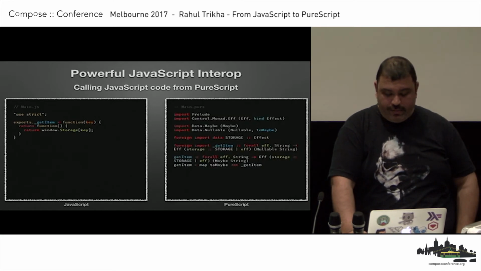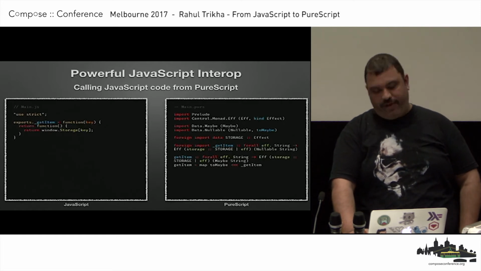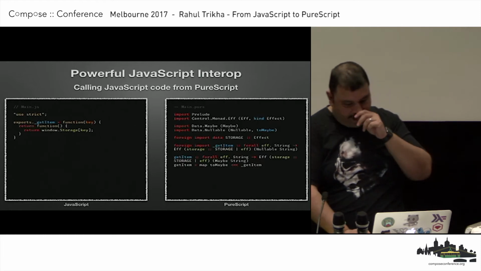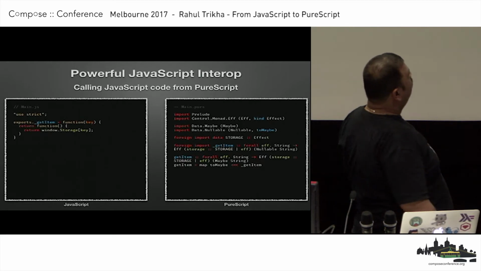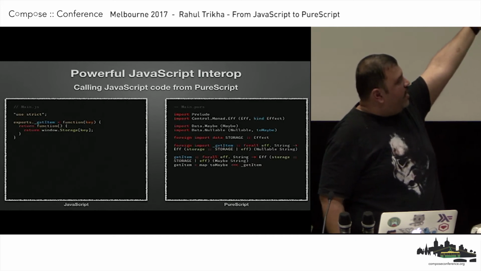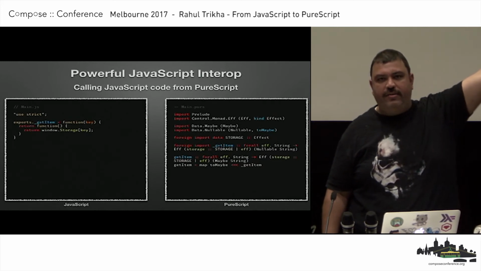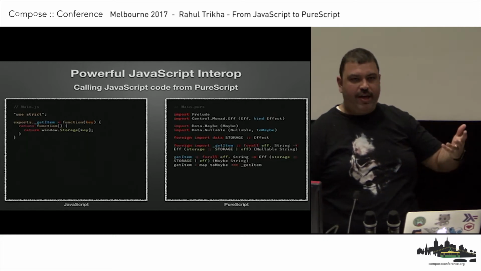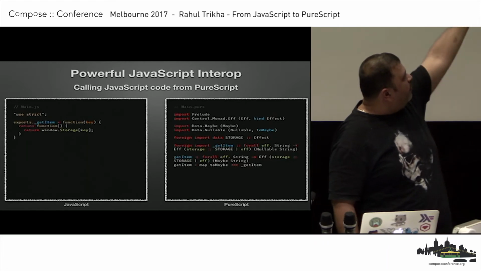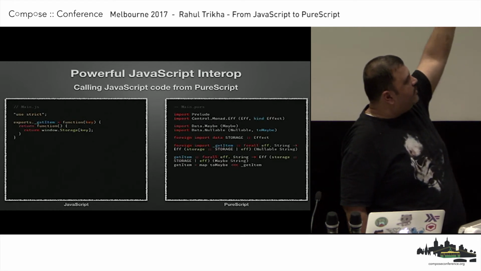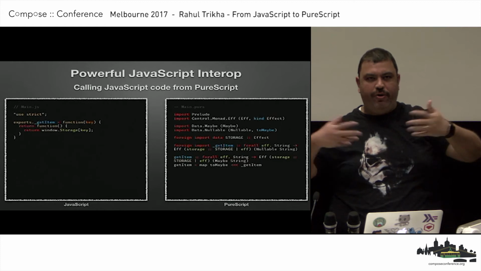So you can use more effects. You can define a foreign import saying underscore get item, and underscore get item has an effect which says, hey, I might actually get a nullable string back. So I'm not confident that I will always get a string back. It could be a null value as well. And that's why I use the underscore get item, because that function is a private thing which I want to interact with.